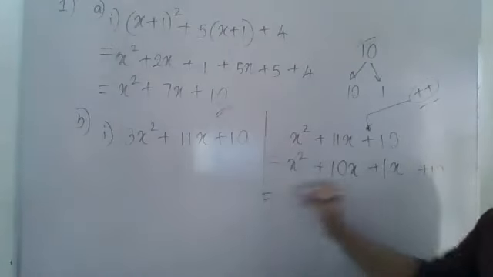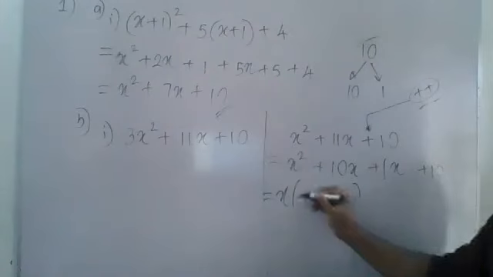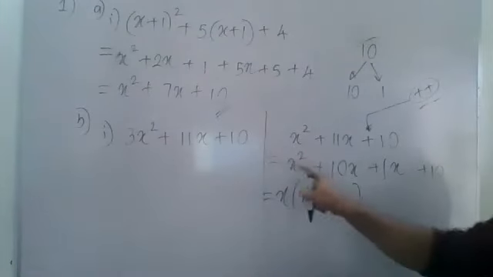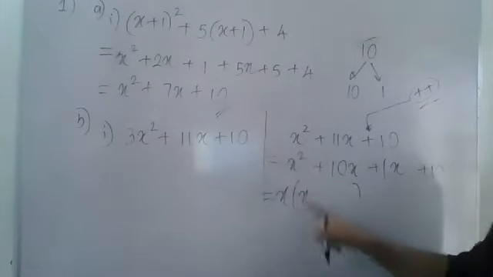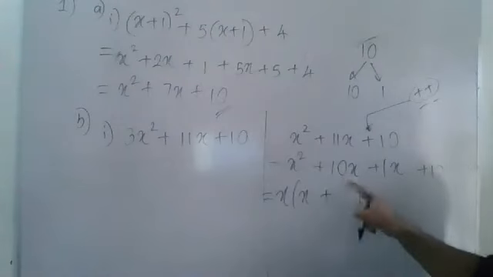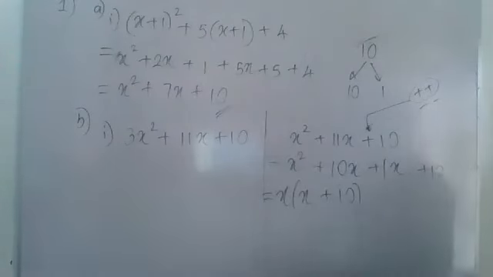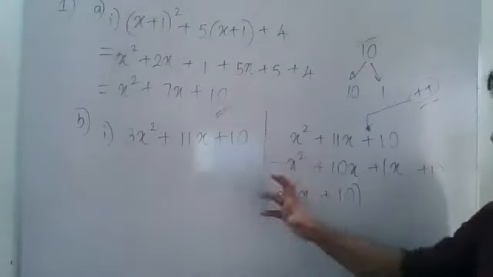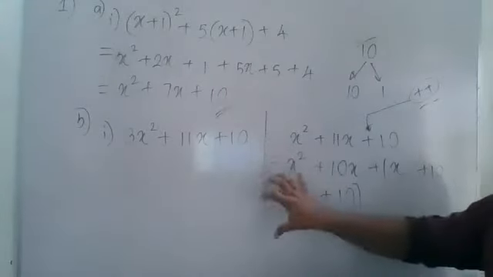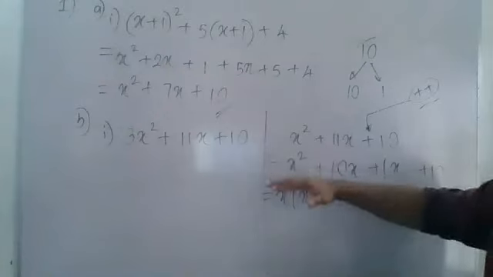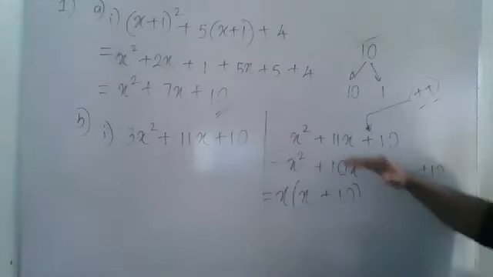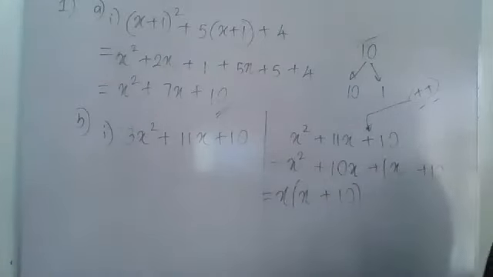Okay, now we can take x, then x is remaining, because from this x square, if you take x, then x is remaining. And from the next terms, if you take a common factor, whatever you take as a factor, you have to divide the 2 terms by that factor. When you divide x square by x, x is remaining. When you divide 10x by x, 10 is remaining.